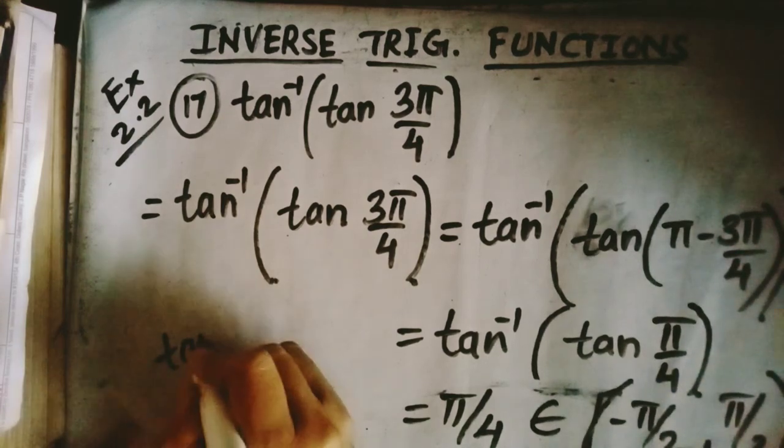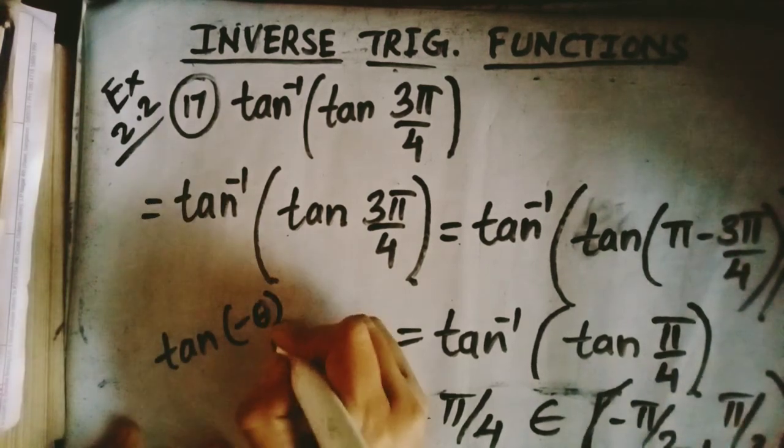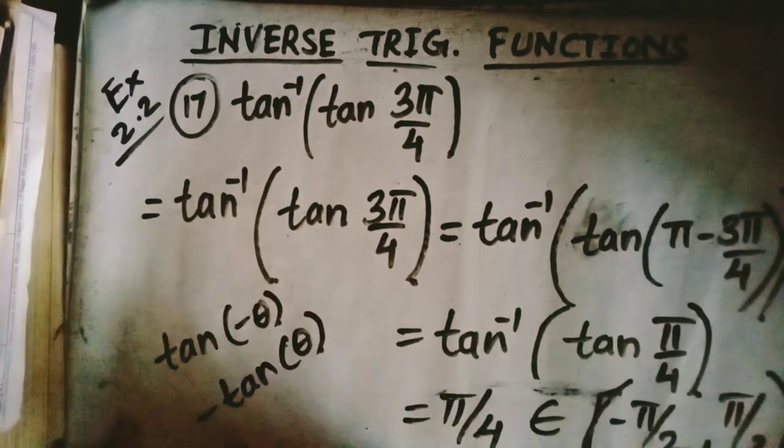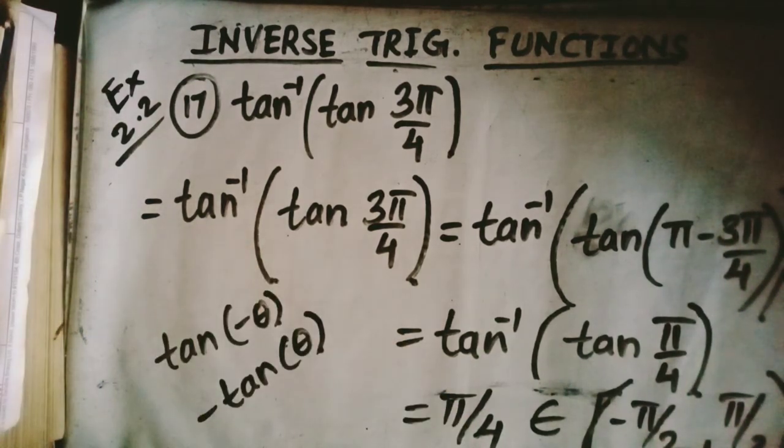But if you take tan of minus theta, you can write minus tan of theta, correct? So 3 pi by 4 is our 135 degrees. 135 degrees means its value is negative, correct?